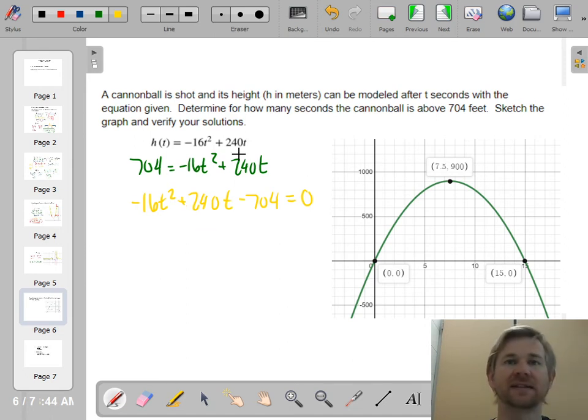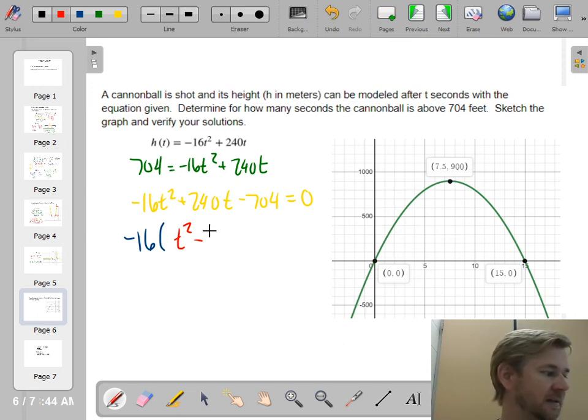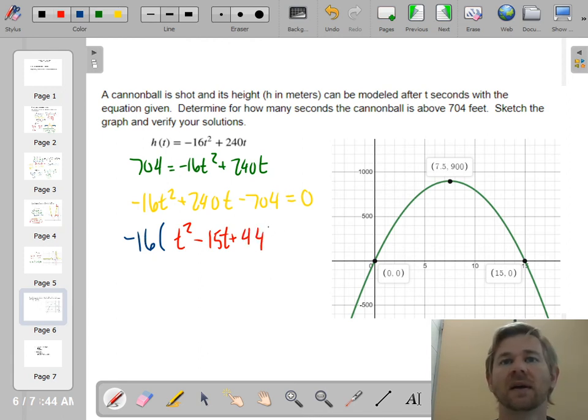So I got to factor this thing. Well, let's see. I think there's a nice friendly GCF in here. Let's do -16 as my GCF. So then that'll be t squared minus 15t, and then I forgot a t, plus 704 divided by 16 is 44. Okay, so it makes it a lot easier if we do that first.